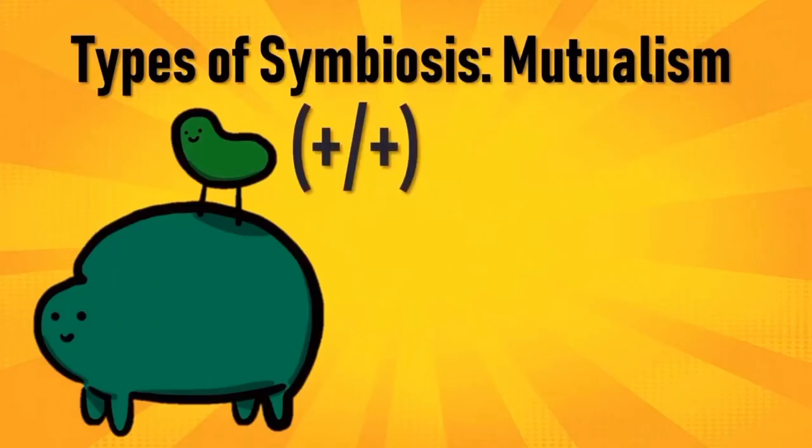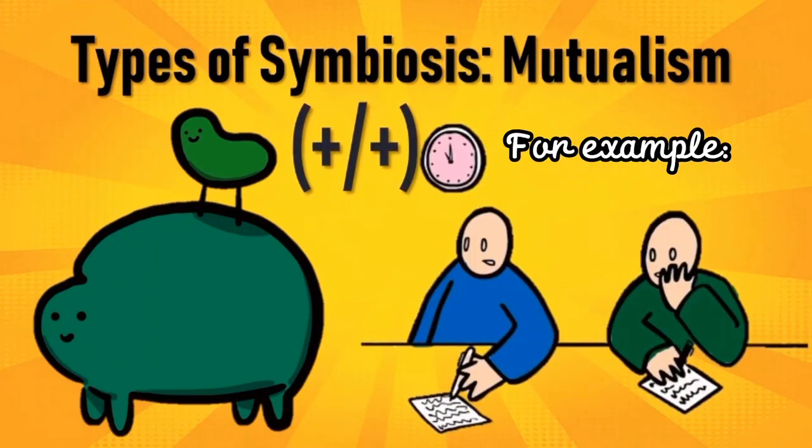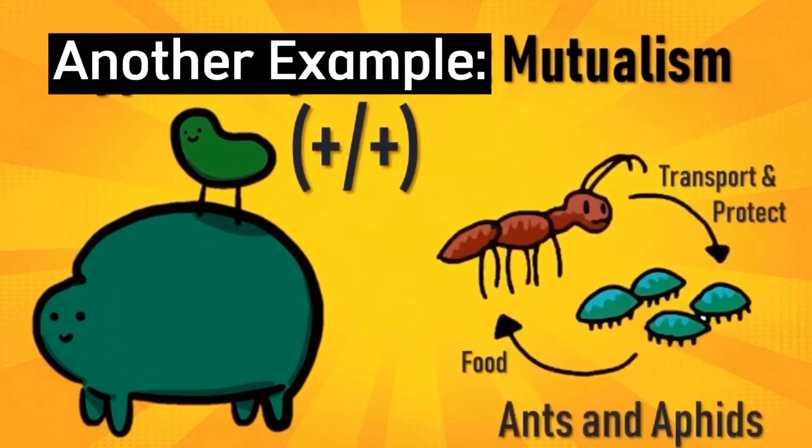And this can be written as positive over positive. For example, just like you and your friend helping each other for an exam, except the fact that you belong to the same species. Also, a good example of mutualism is the ants and the aphids, who support each other.